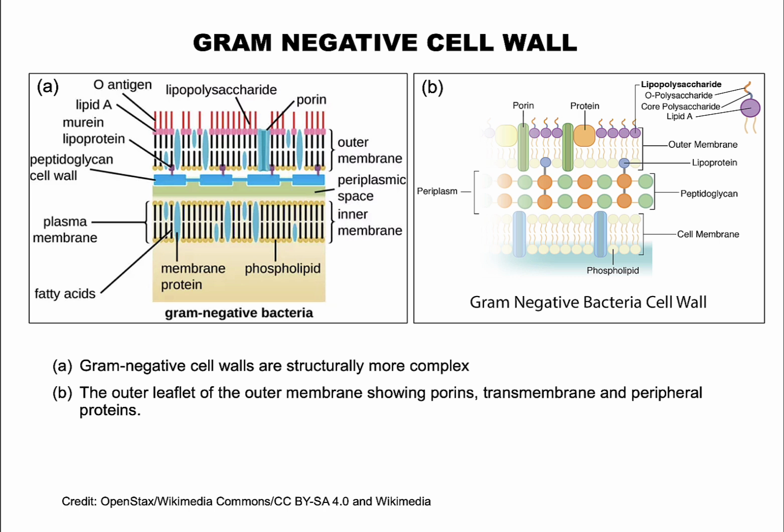The LPS is known to serve many different functions for the cell, such as contributing to the net negative charge for the cell, helping to stabilize the outer membrane, and providing protection from certain chemical substances by physically blocking access to other parts of the cell wall.